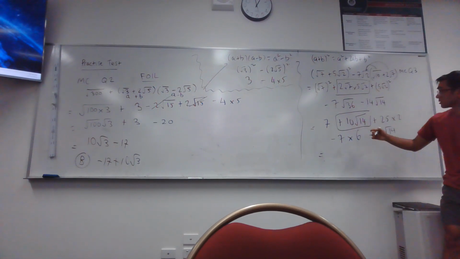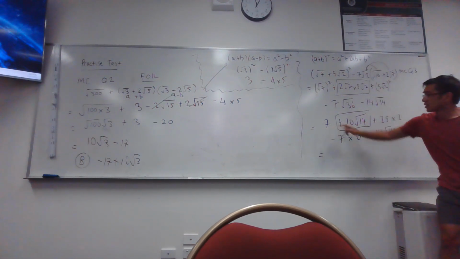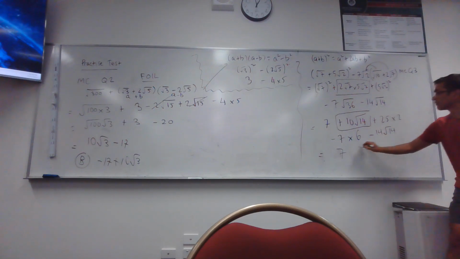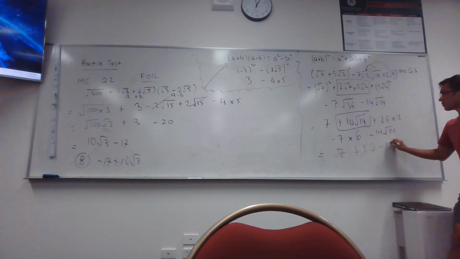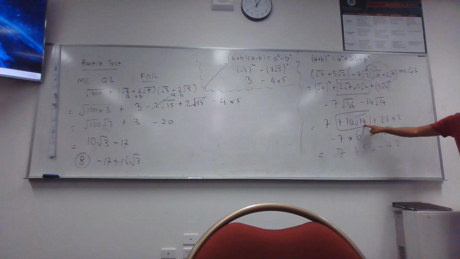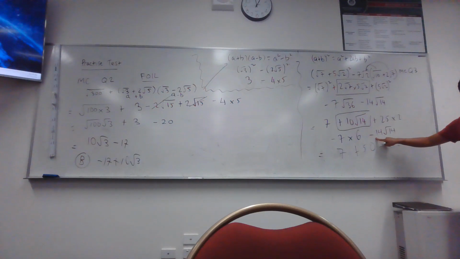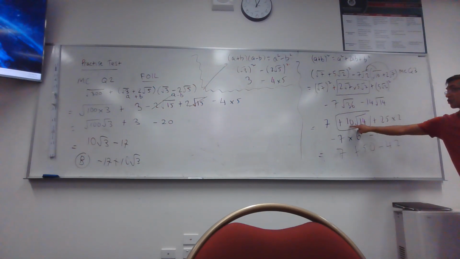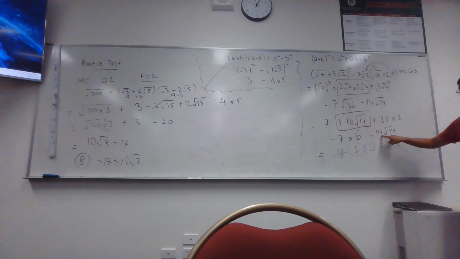So we've got a few numbers. Let's get all the numbers together. 7, 50, minus 42. They're just normal numbers. We've got a 10 root 14 related to negative 14 root 14. What's the difference between a positive 10 and a negative 14?